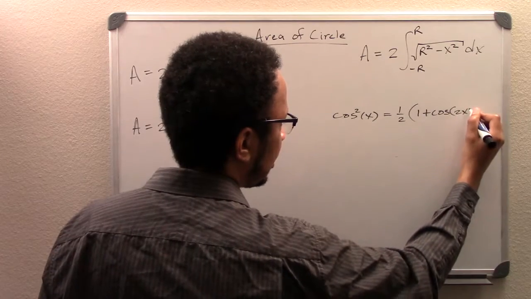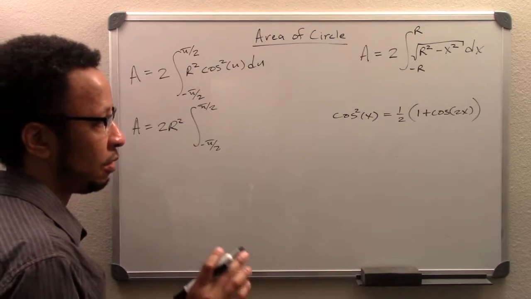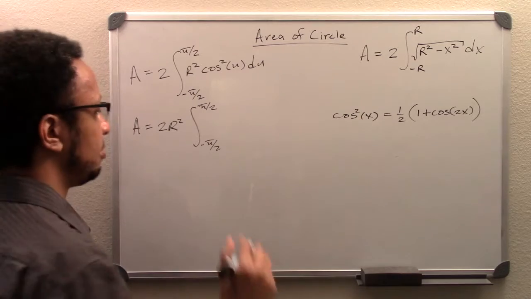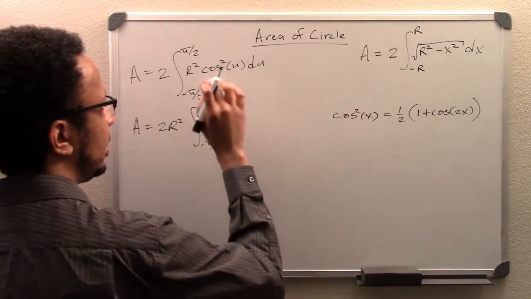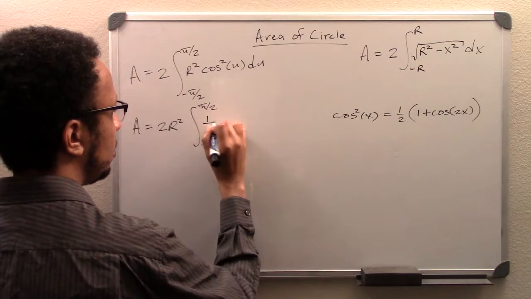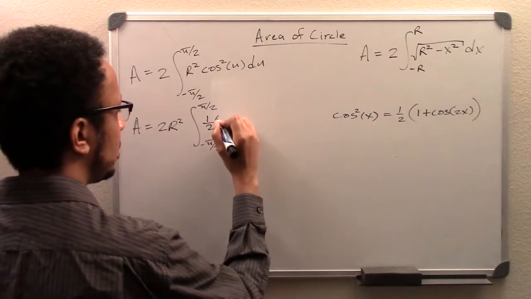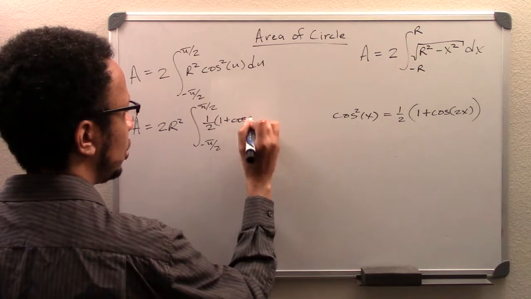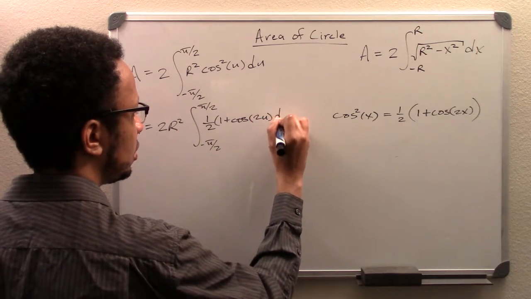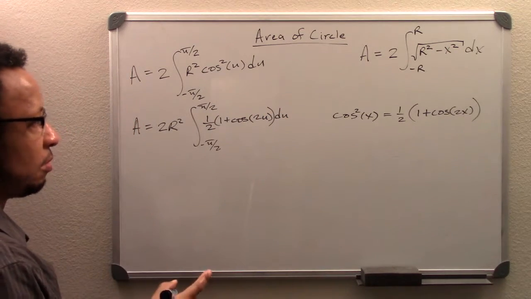The argument x. It's not a substitution, it's simply a relationship, and we're going to use it in here. That's the double angle formula: 1 over 2 times 1 plus cosine of 2u du.